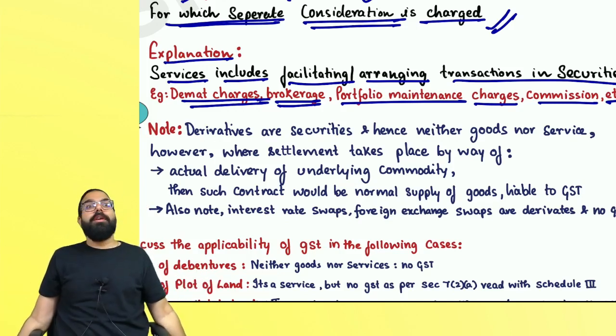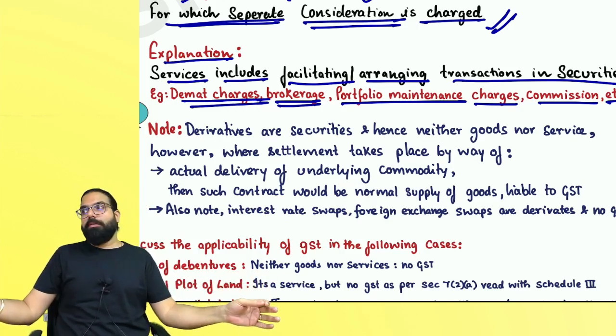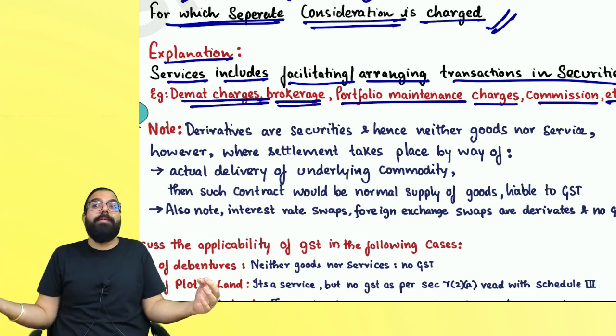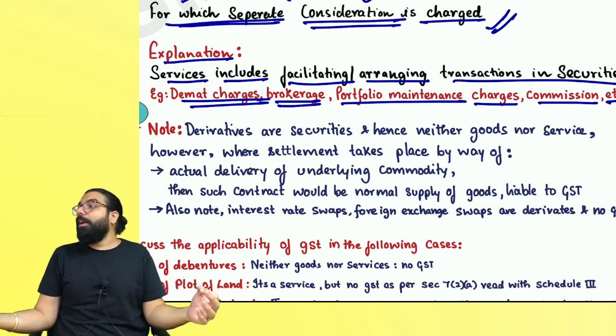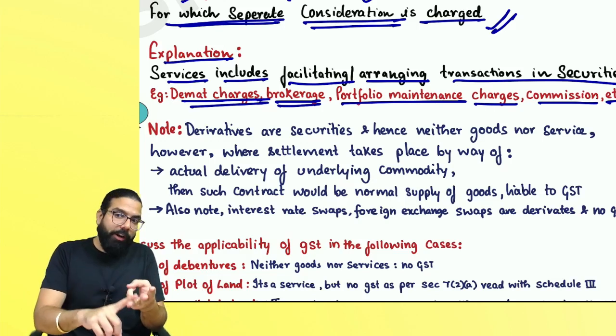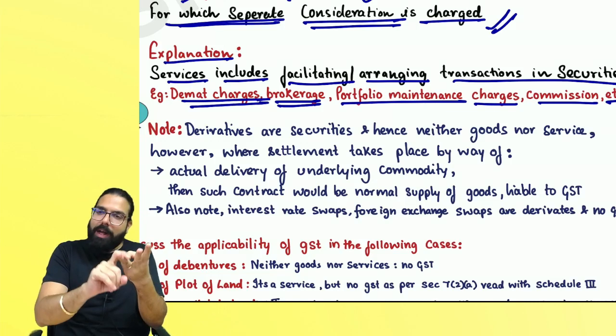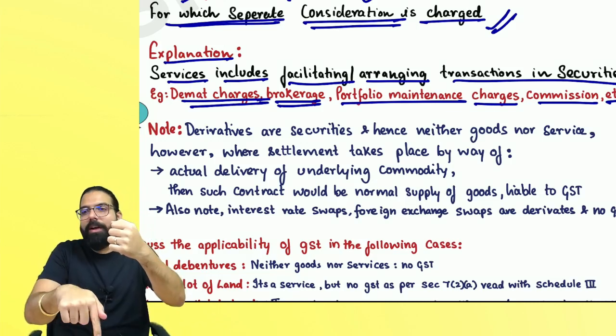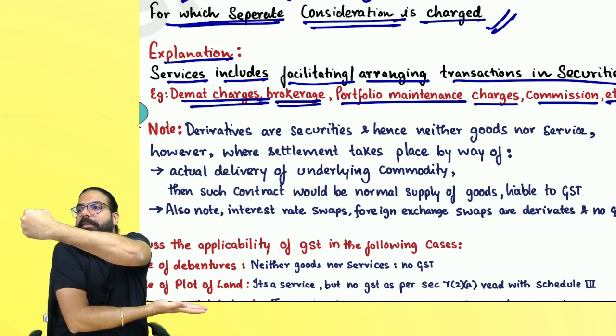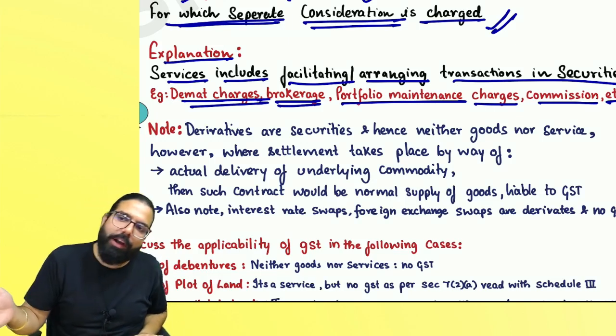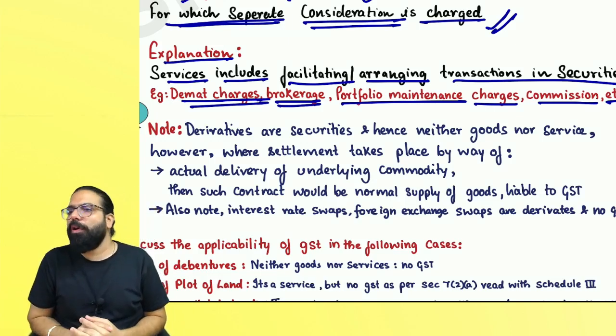Goods means every kind of movable property other than money and securities, but includes actionable claim, growing crops, grass, things attached to or forming part of the land which you have severed before supply or under a contract of supply. You have agreed to sever it.